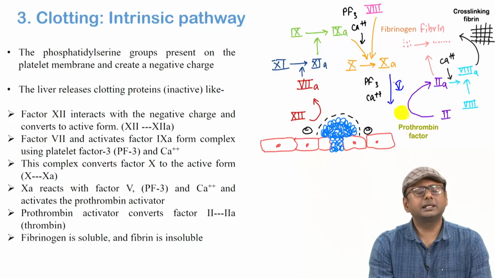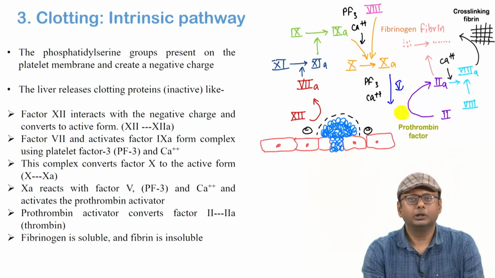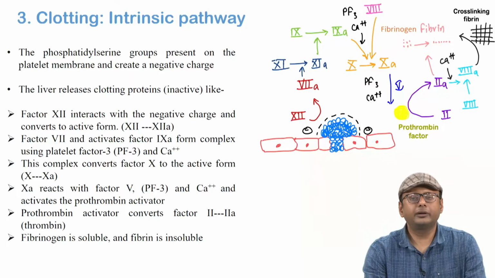So, in very general layman terms, what is the difference between the intrinsic and extrinsic pathway? In the case of the intrinsic pathway, if I remove your blood and keep it in a glass tube, due to the glass tube surface charge and surface pattern, the blood can clot after some time.